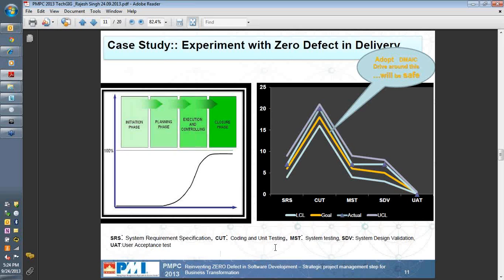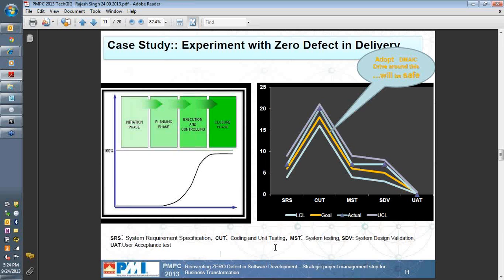But what is most important here is the yellow line in between all 4 lines. That's the area I wanted to focus on and bring all of your attention to, because we are utilizing the knowledge repository of our organization, Mindtree, as well as the baseline data of Mindtree to the fullest possible level.